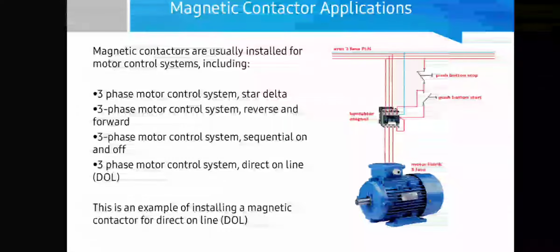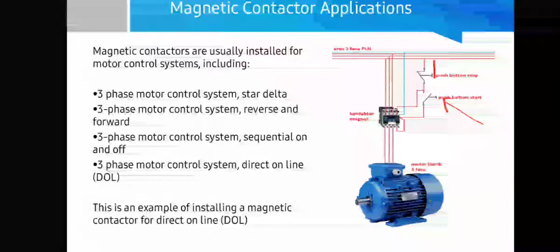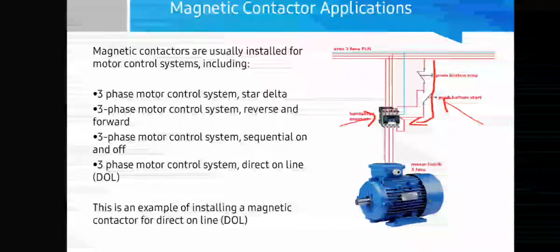As we can see here, when we push the start button, the voltage will flow into the A1 contact, and it will affect the contactor. The coil will become magnetic, and then it will pull the main switch and the auxiliary switch here.